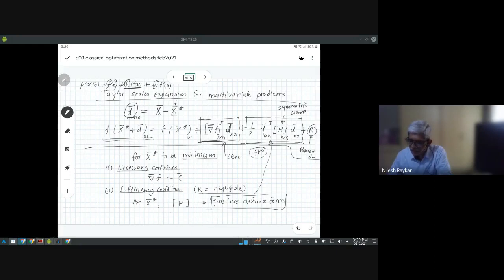Since the second term is positive, the function will always rise in any direction, for small magnitude as well. So that makes our point x bar star definitely a minima point. That's why this is a sufficiency condition, assuming our higher order terms are neglected in this calculation.